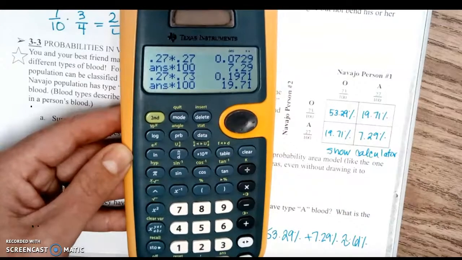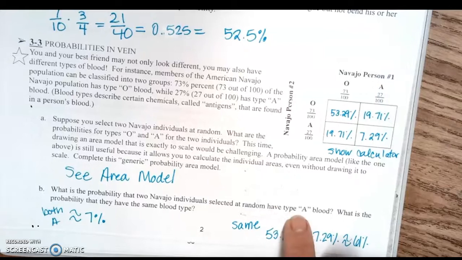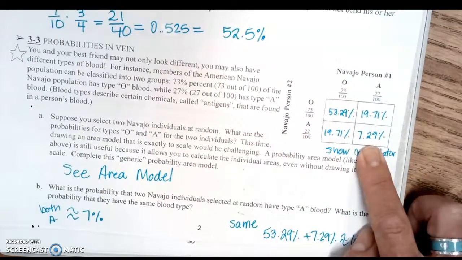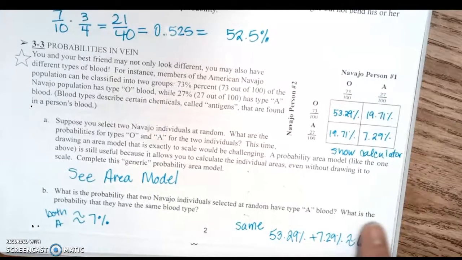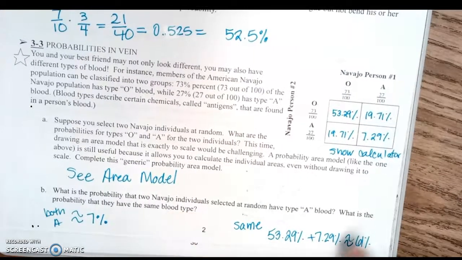Okay? All right. Part B says, what is the probability that the two Navajo individuals selected at random have type A blood? So type A and type A would give you 7.29, which we're going to call roughly 7%. And then what is the probability that they have the same blood type?